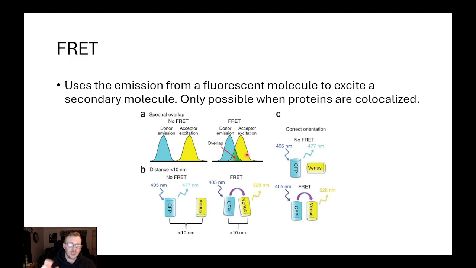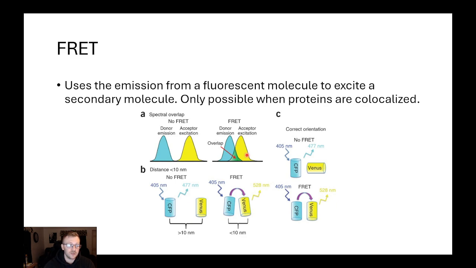Our protein B is going to be excited by those emitted photons from protein A. So then when protein B accepts those photons from A, it will now be fluorescently active.